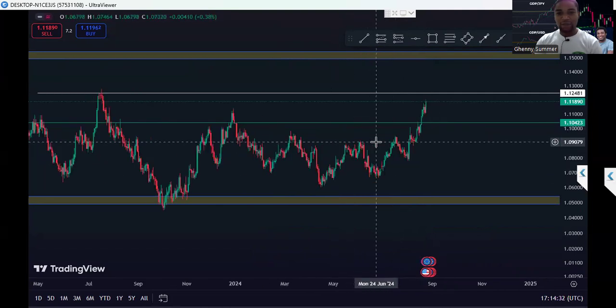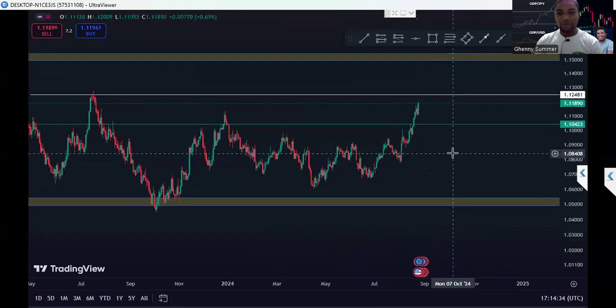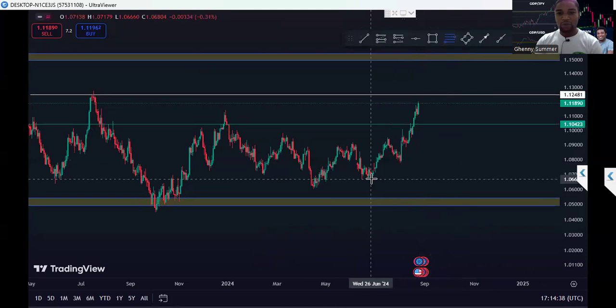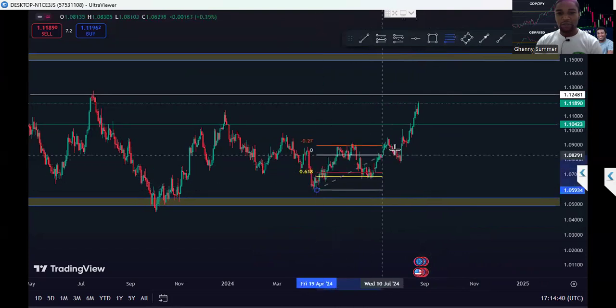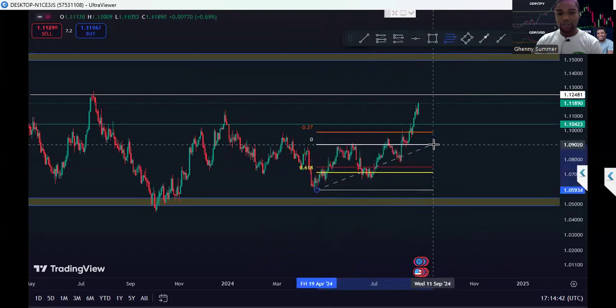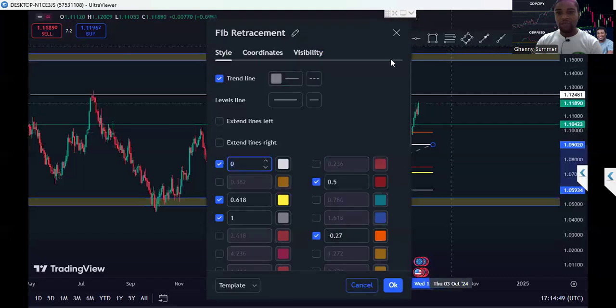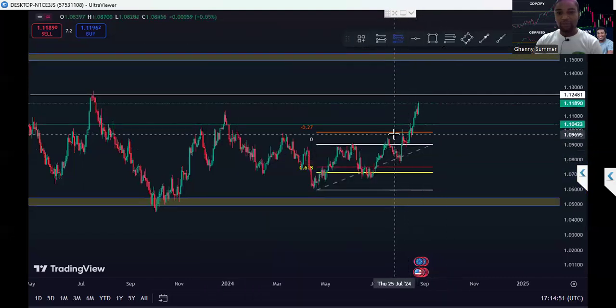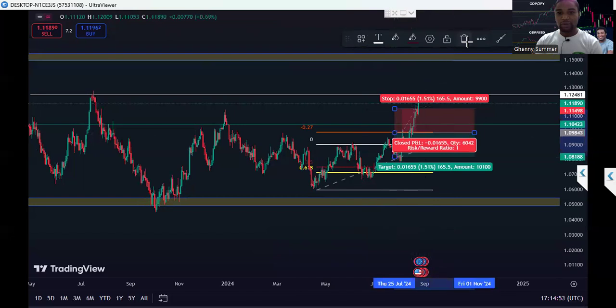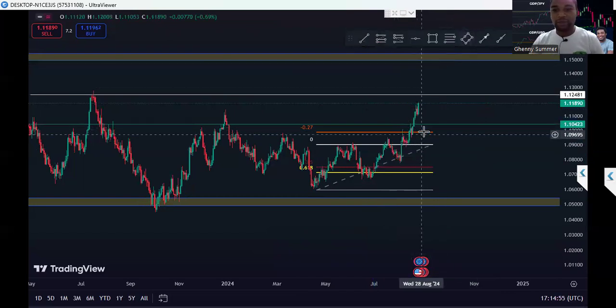I'm checking closely, because if you draw out your Fibonacci from swing low to swing high around this area, okay, let's check another Fibonacci. Wait just a little bit.